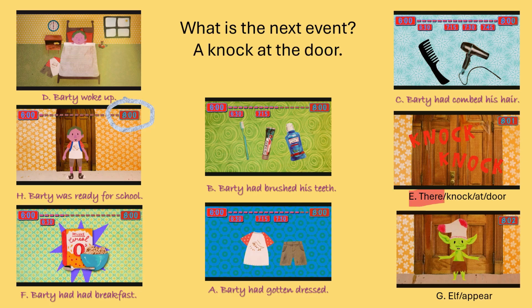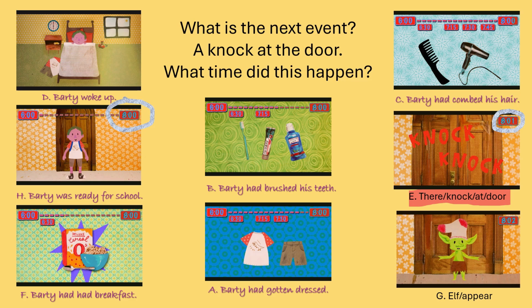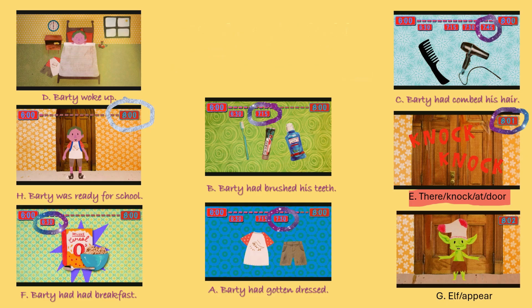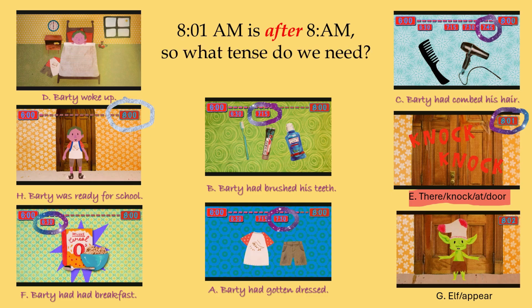It's a knock at the door. And what time did this happen? 8:01. 8:01 is after 8 a.m. So what tense do we need? The past simple.